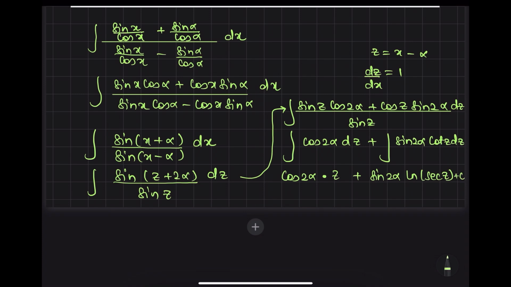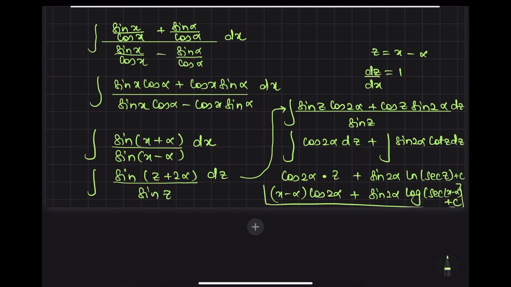Now replace your z with your assumed value. What is your assumed value? x minus alpha. So (x minus alpha) cos 2 alpha plus sine 2 alpha log sin (x minus alpha), plus the integration constant c.